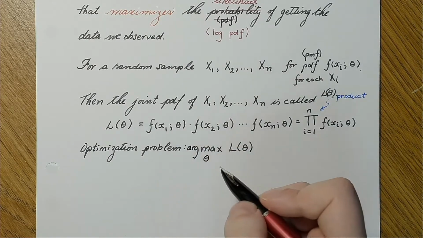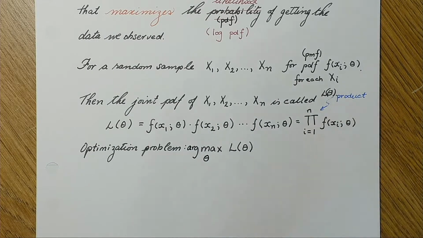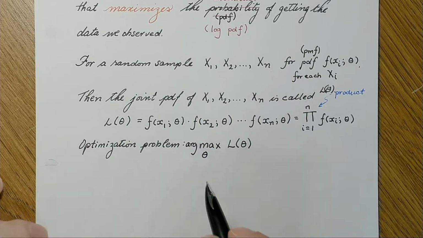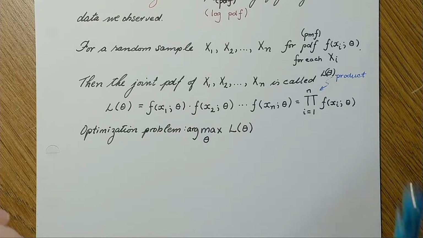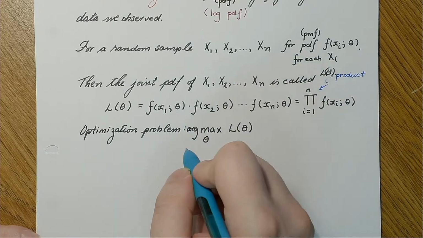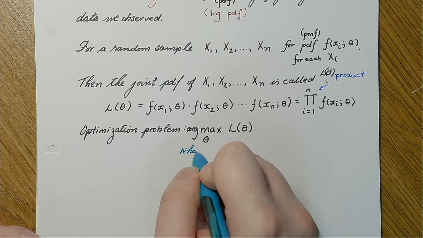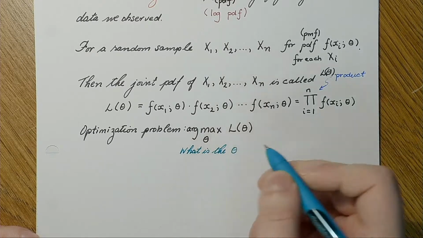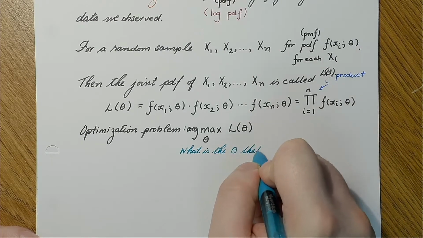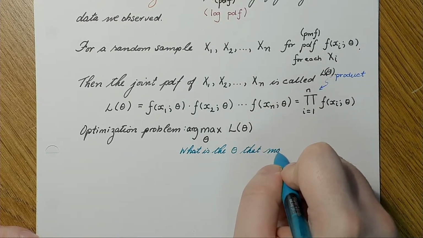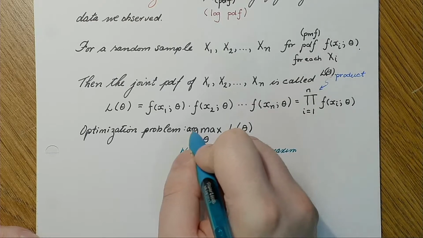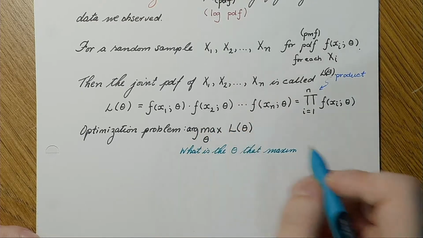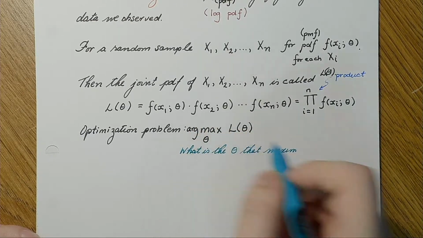And that's what we call the argmax. So what that is saying in words is, what is the theta that maximizes, with arg meaning argument, so the argument that maximizes this function.